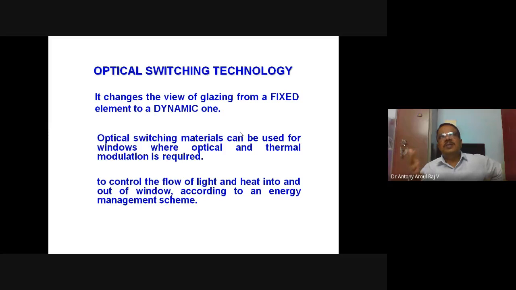Optical means transmissivity and reflectivity, which you can alter, so this glass does optical and thermal modulation. This principle you can use for controlling the flow of light and heat into the window. It is like a sunglass. Whenever the sun is there, your specs will go dark. That is the concept.